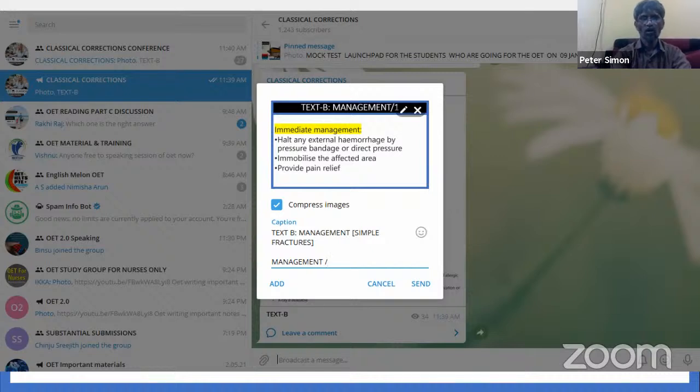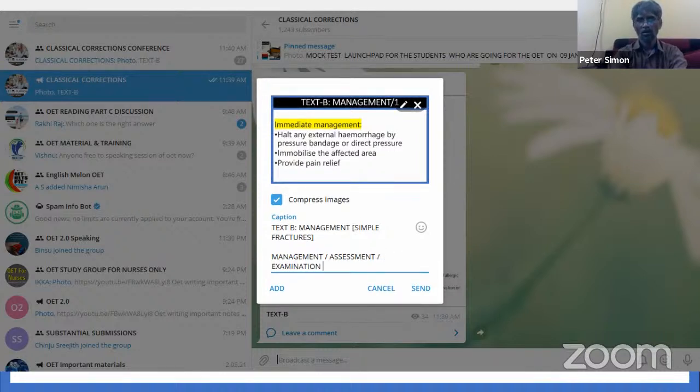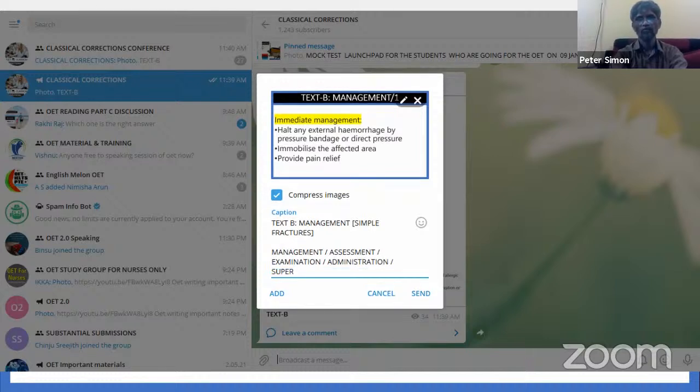Management or assessment or examination or administration or supervision. These are some words, not exactly, but they are synonyms. You'll get something. Okay. Right.